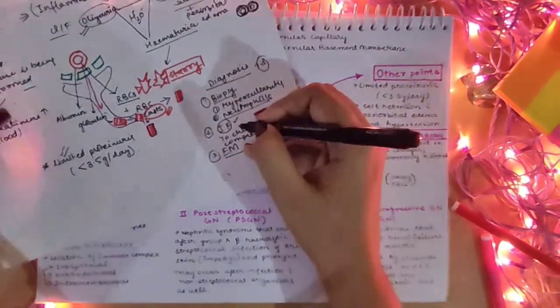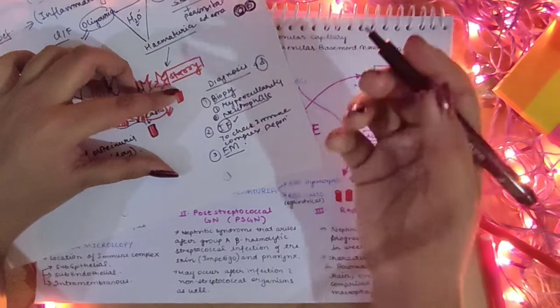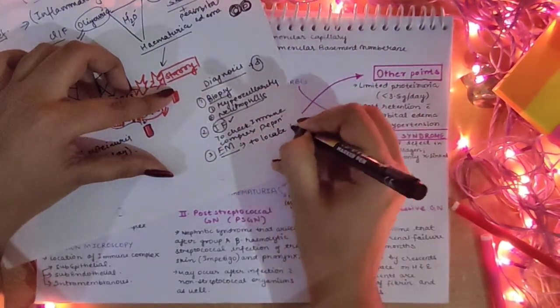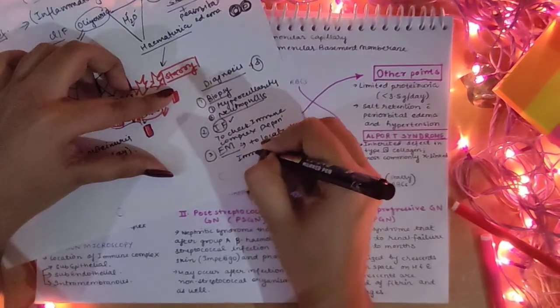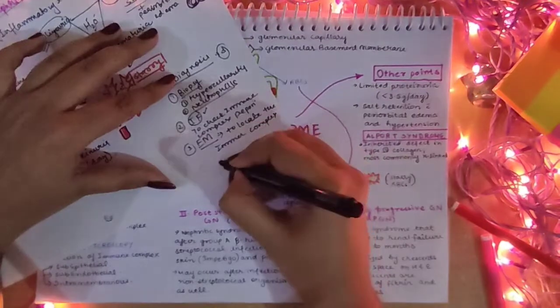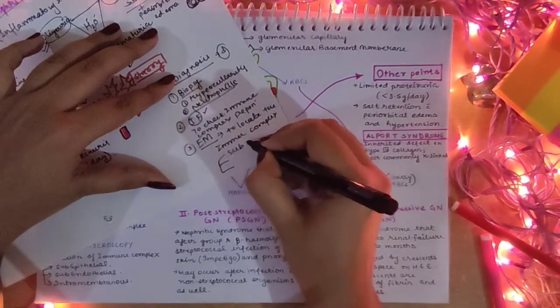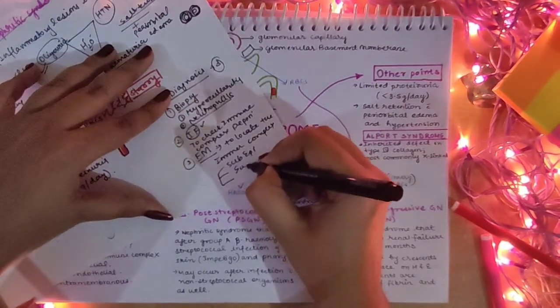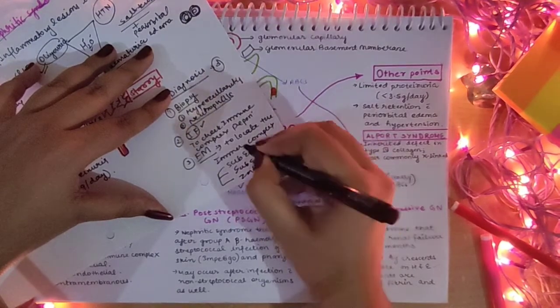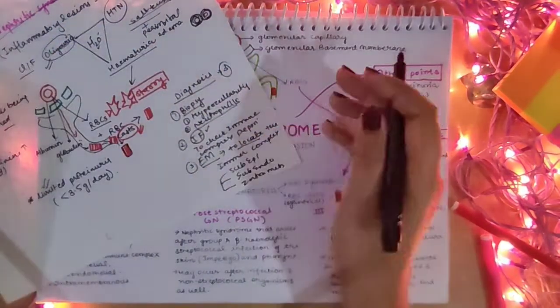And thirdly, electron microscopy. Why do we do this? We do this to locate the immune complex, where it is. Immune complexes can be sub-epithelial, sub-endothelial or intramembranous. So the location is seen by electron microscopy.